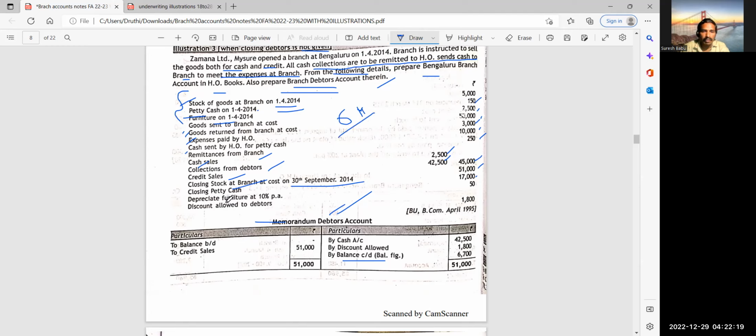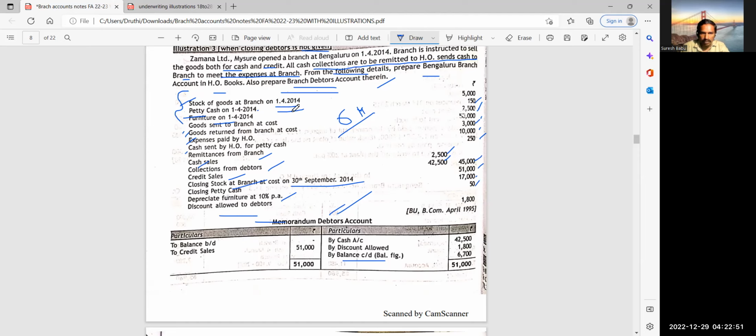Depreciate furniture 10% per annum. So furniture opening value 7,500, depreciation is 7,500 into 10% into 6 by 12, or 1 by 2. So 10% means 750. Half of that means 375 rupees is the depreciation. Discount allowed to debtors 50 rupees.